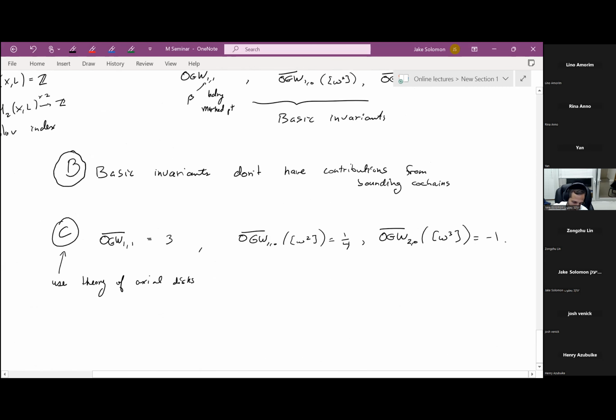So these axial disks arise from one parameter subgroups of SU2.